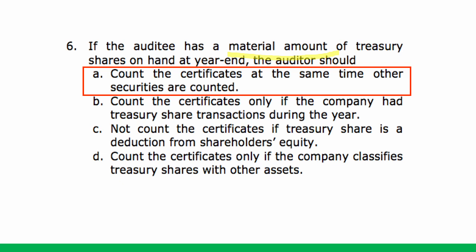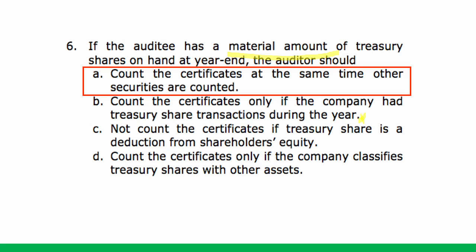Okay? Kaya pag si client, meron siyang investment in shares, we have to inspect the investment in shares. Baka kinomingle doon yung shares of their own entity or own shares nila. So yung own shares nila, it should be presented as treasury shares instead. Okay? So ito incorrect, yung letter B: count the certificates only if the company had treasury share transactions during the year.